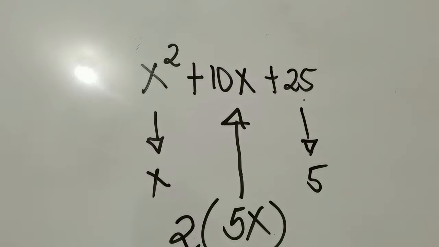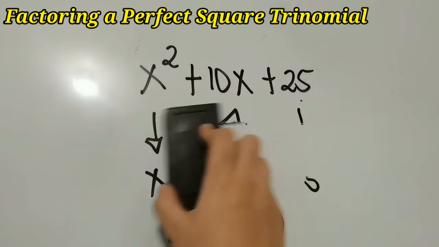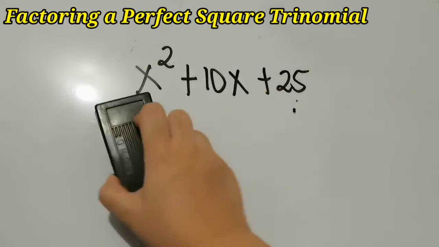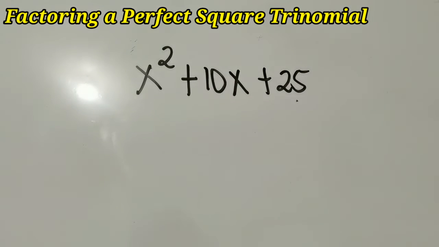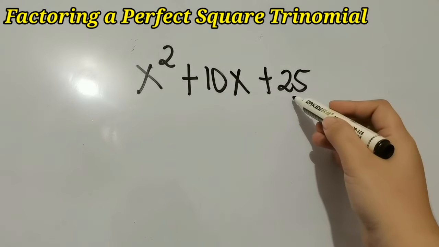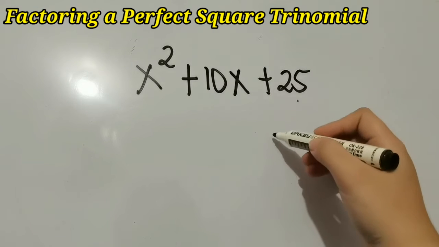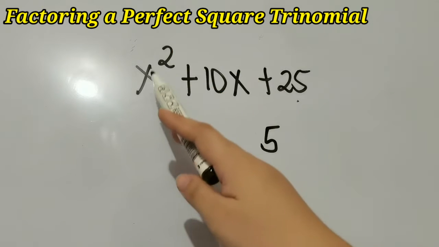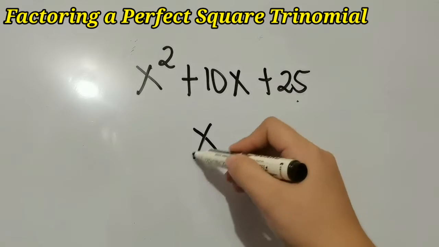Now, let us talk about how to factor a perfect square trinomial. Okay, first, get the square root of the third term, that is 5. And then the square root of the first term, that is x.